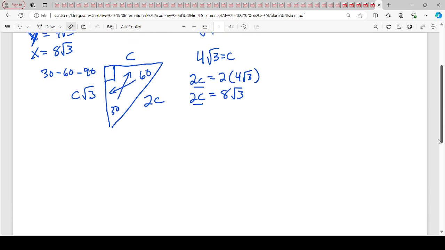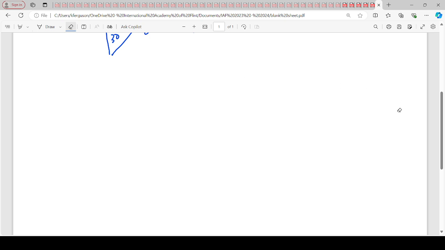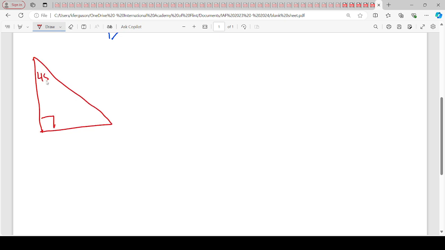We got enough room. So let's go down and let's draw our triangle again. This is a 45, 45, 90. This is y, this is x, and this is 6.